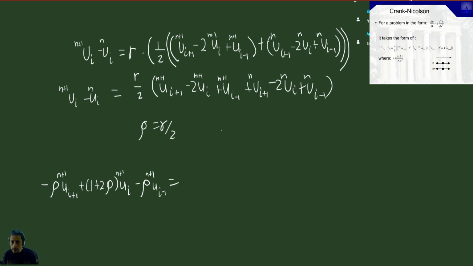And I transferred that one to the other side, so I end up having rho u_(i+1) at time n, plus 1 minus 2 rho u_i at time n, plus rho u_(i-1) at time n. Okay?